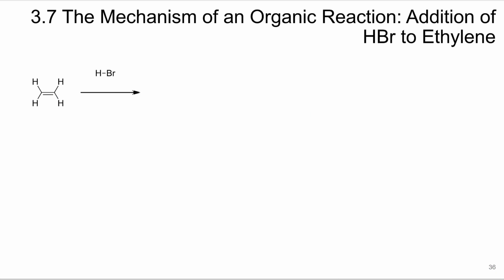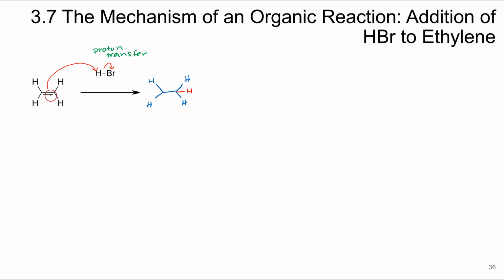Alright, so looking at the mechanism, the first thing that's going to happen is we're going to have a proton transfer. So an alkene plus HBr is going to be a proton transfer. We're going to go fishing for that hydrogen. So when I go fishing, one of these carbons gets the hydrogen.